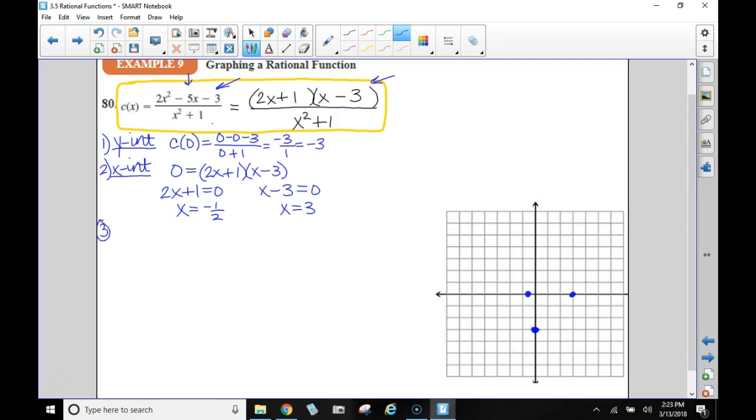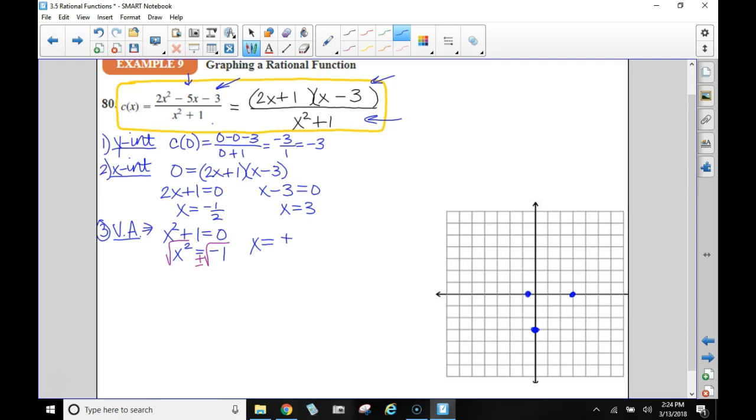All right. The third thing, vertical asymptotes. Vertical asymptotes are going to occur where the denominator is equal to 0. Now, y'all, that x squared plus 1, when you find where this thing is undefined, that's where we're going to have vertical asymptotes or holes in the graph. When we go to solve this by subtracting 1 from both sides, and then take the square root of both sides, not forgetting the plus or minus, we're going to get some non-reals.